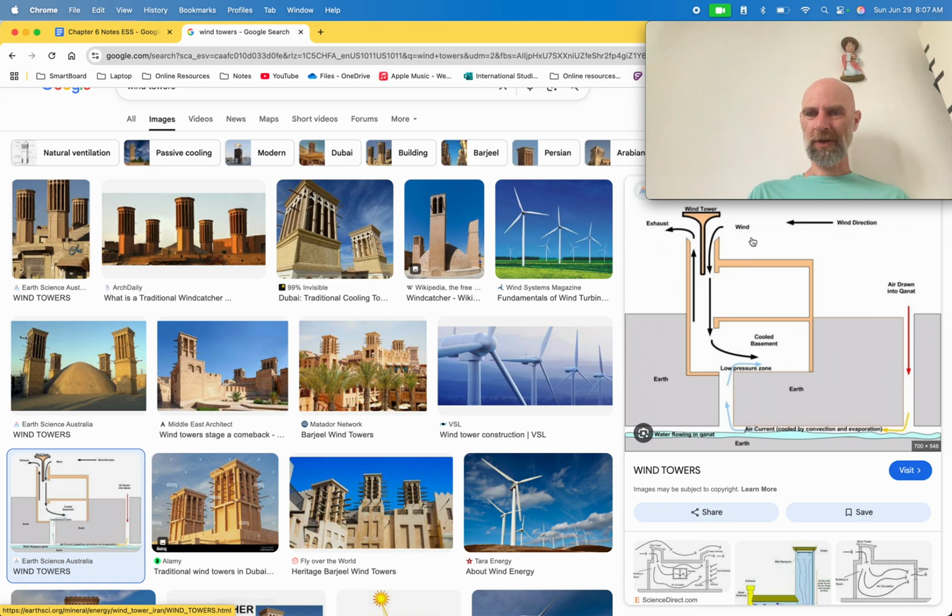So here's how this works. Wind tower here. So the wind enters. You have to know which way the wind usually comes from. Here in New England, a lot of the wind comes from the west, southwest. So it comes on down this way, and enters the cooled basement, which is really pretty cool. What you do is you have this well here, and air is drawn into your cistern or qanat. When the air enters, it draws air on up through, and that water is cold, and it transfers a lot of that cold.